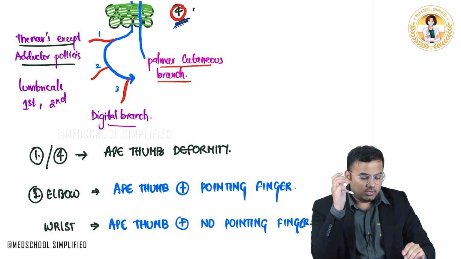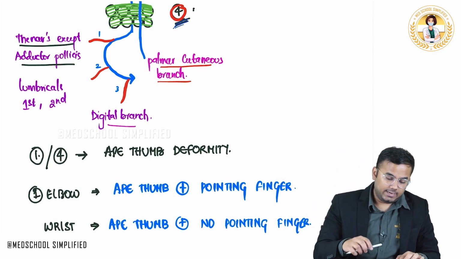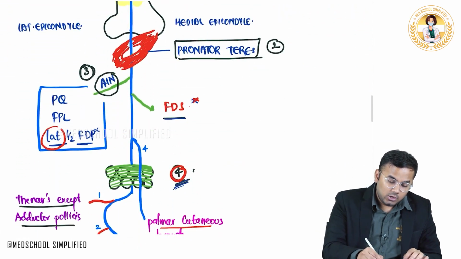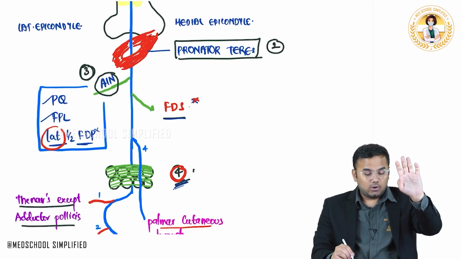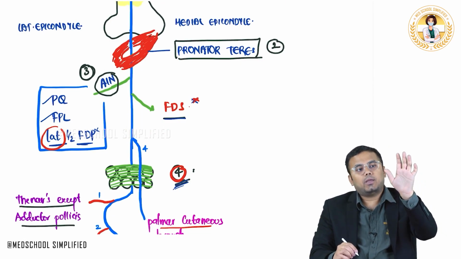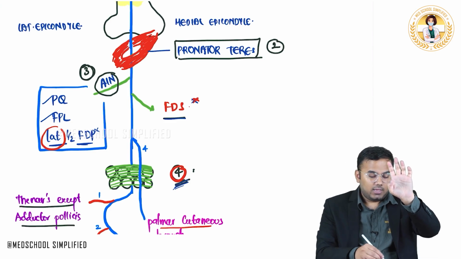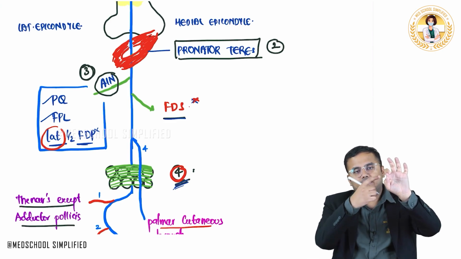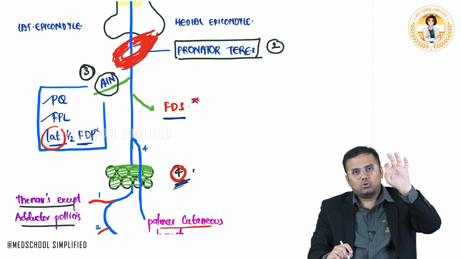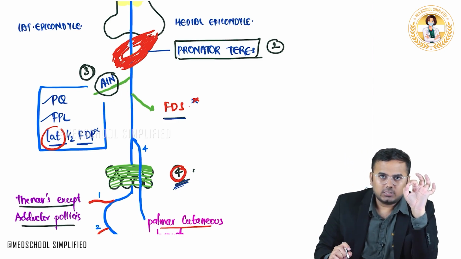So 3 important muscles are needed here. What are those 3 important muscles? Pronator quadratus for pronation, flexor pollicis longus, which is responsible for flexion of the thumb, and the lateral half of FDP, which is responsible for flexion of the lateral half of my index finger. Together I can make an OK sign.